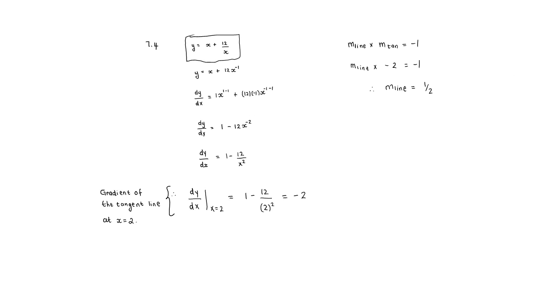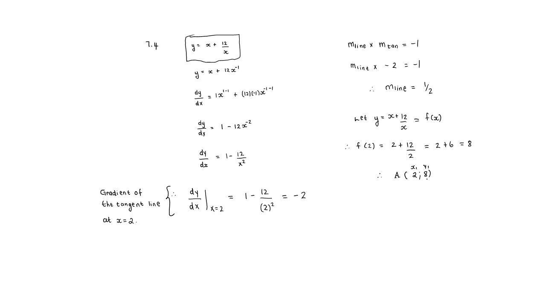So if we let y equals x plus 12 divided by x equal f of x, then f of 2 is equal to 2 plus 12 divided by 2. So this equals 2 plus 6, which equals 8. So A is the point (2, 8). This is our x1 and this is our y1.